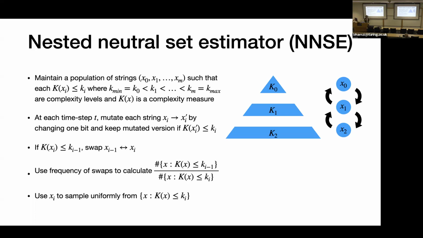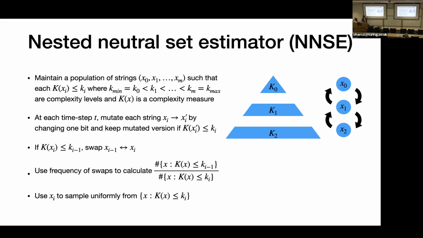To sample random strings at different complexity levels Ki, you let this population evolve forward in time like a random walk. So you have n+1 strings. Every time step, you mutate each of the strings by changing one bit, using one bit flip. And then you calculate the complexity. If it's still in the same level Ki, then you keep the new string.